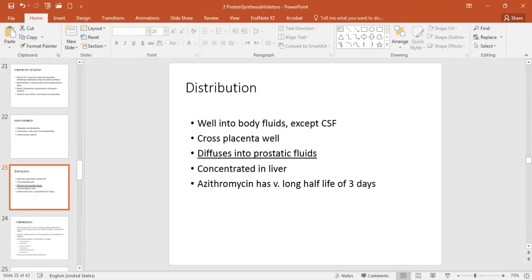نجي على هاي النقطة مع diffuse into prostatic fluids. هذه المسألة يعني من المسائل اللي ممكن تؤدي إلى recurrent or chronic UTI in men. يعني يصير أكو prostatitis. يعني هو جزء من urine tract in men هو البروستات.